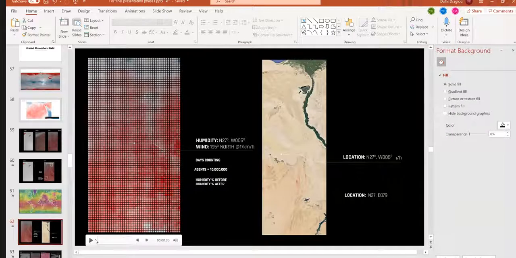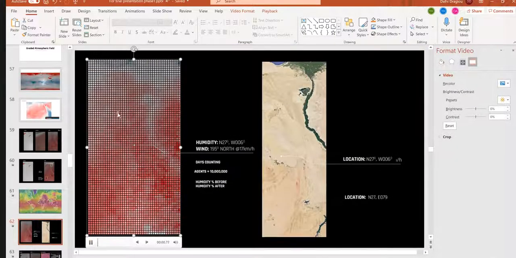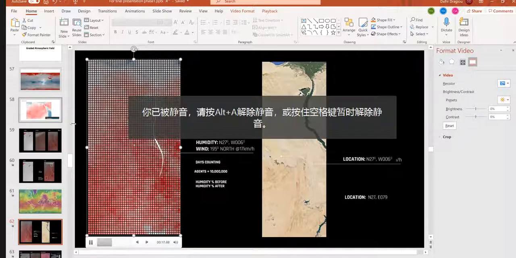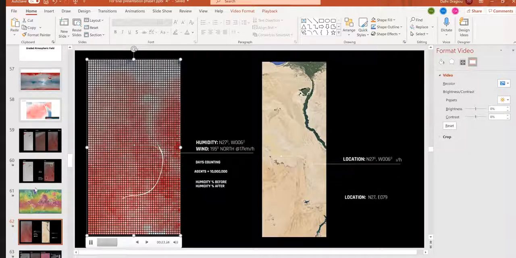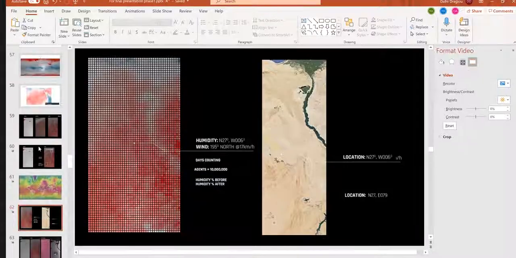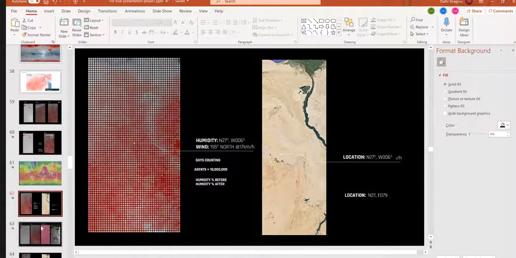And we firstly say that there is a system that detects the humidity. It counts the distance and the optimum path. And maybe it calculates approximately the time that it needs. 10 million agents. Yeah.